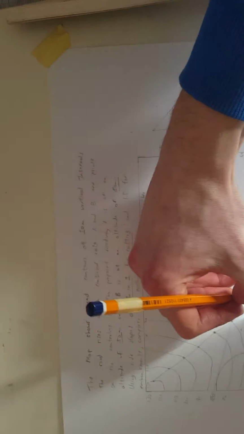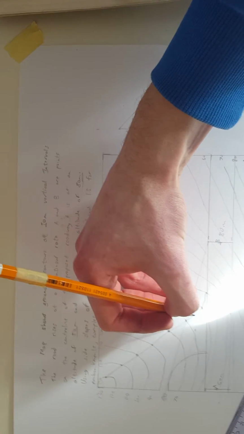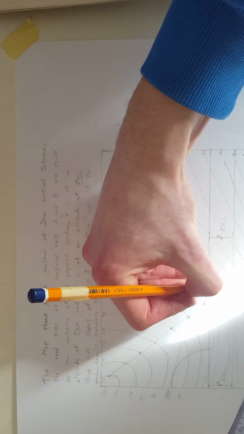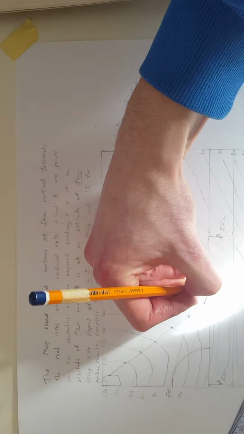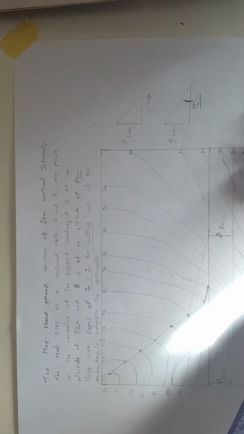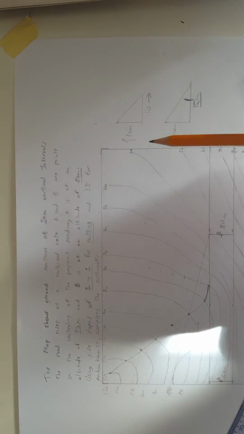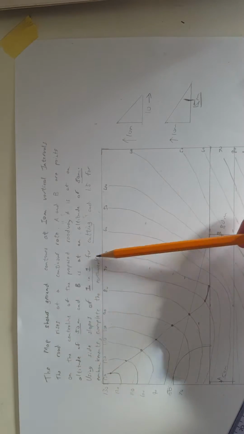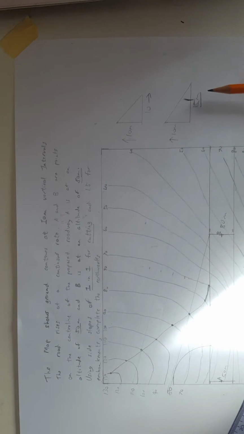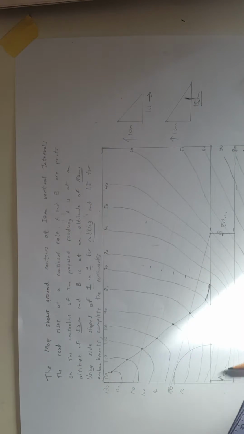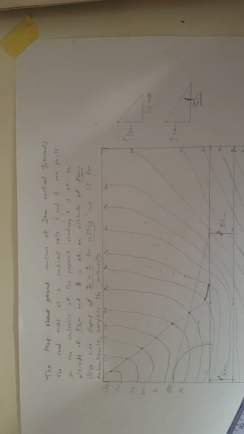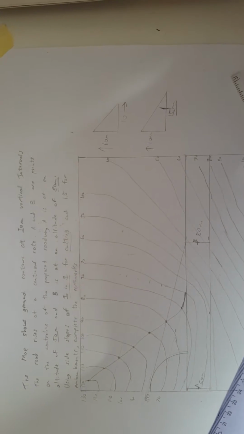Just finish off this bit here. Okay, so now, as we stated earlier, in our embankments, it's a 1:1.5 ratio. So we have our contour intervals at 10, so this must be 15. And as stated previously, the drop is 30 meters.